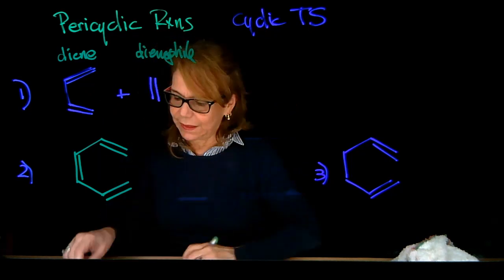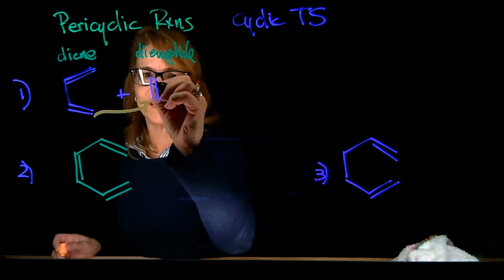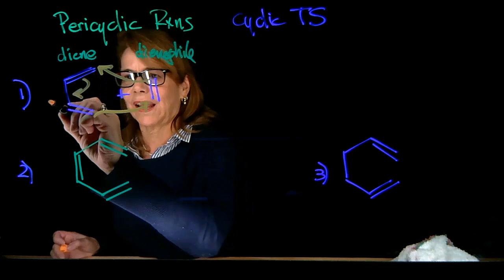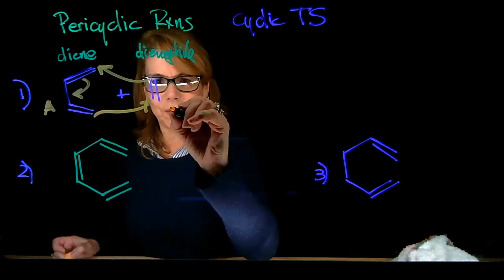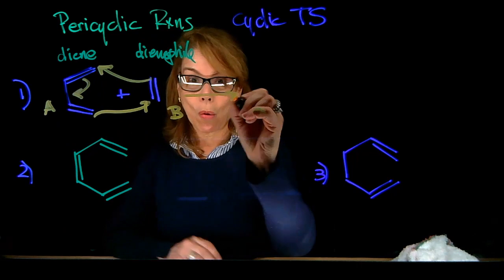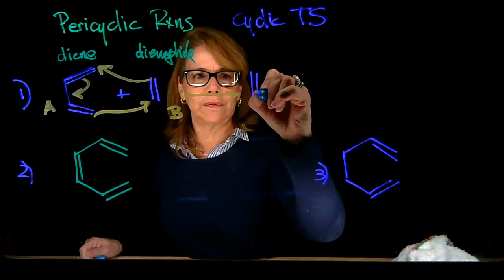In the course of the reaction, two molecules, molecule A, the diene, and molecule B, the dienophile, are going to be added together to form one molecule, this molecule.